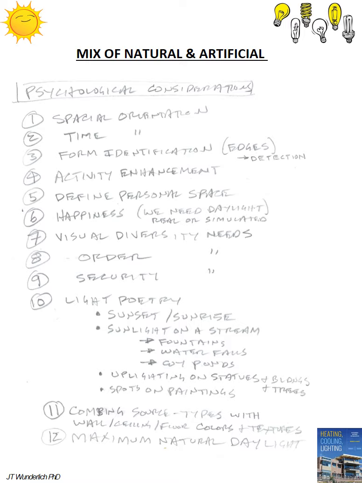Spots on paintings, halogen lights are the lights that really bring out the color rendering of the art. Combine source types with wall, ceiling, floor colors and textures. So different types of fixtures and different locations and for different purposes. We'll talk about that a little more coming up. Maximum natural daylight, of course.